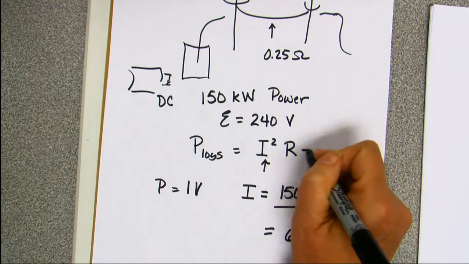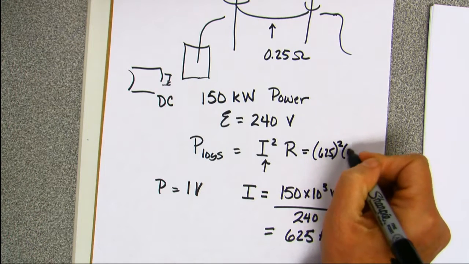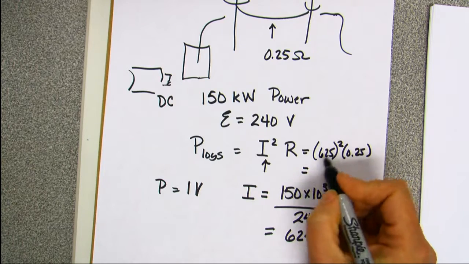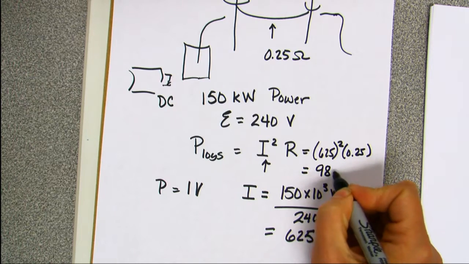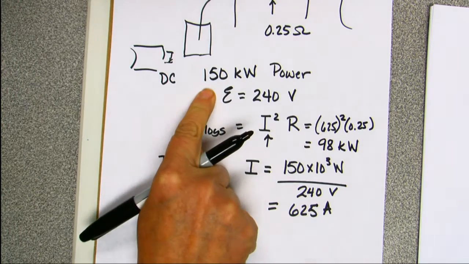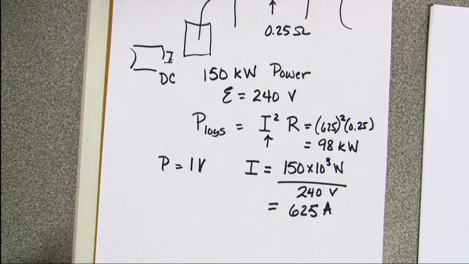Okay, so now I'm going to plug that in here. I got 625 squared times my resistance of 0.25. That ends up working out to be, we're going to lose 98 kilowatts of our 150 kilowatts just in transmission. This is the problem that Edison had.